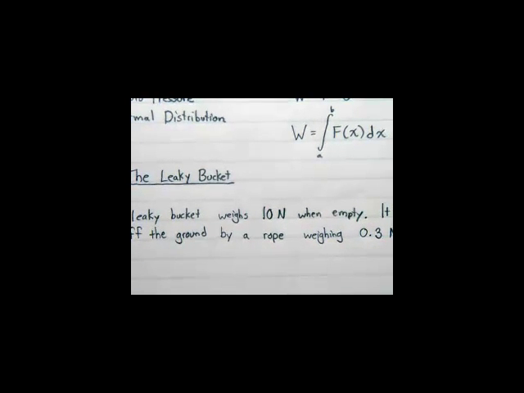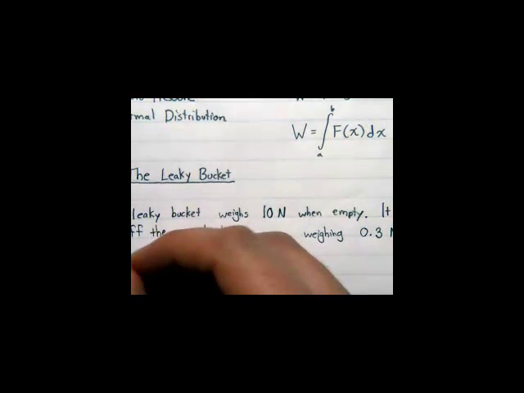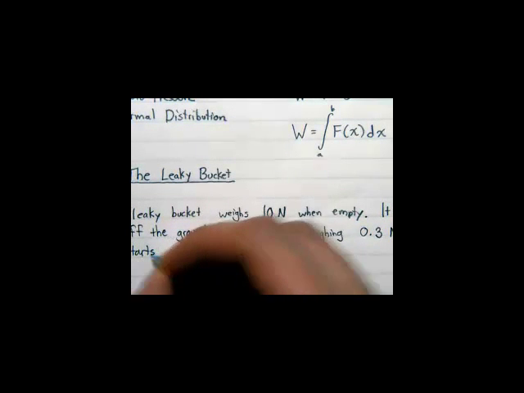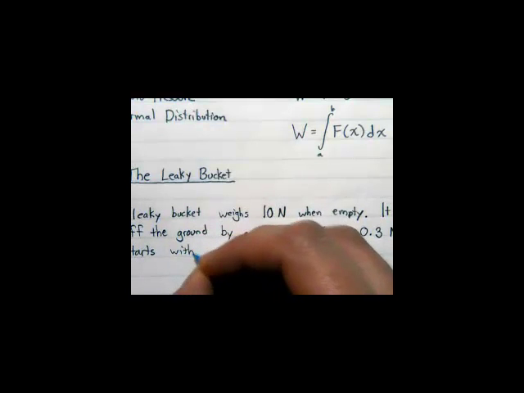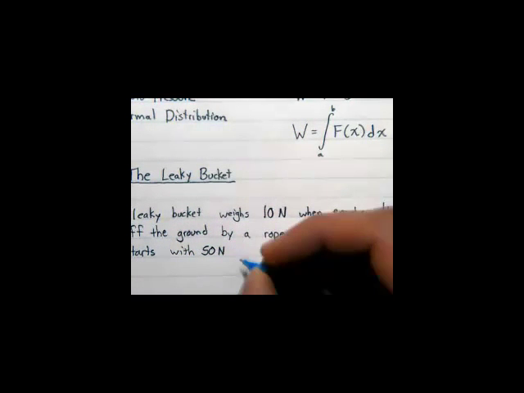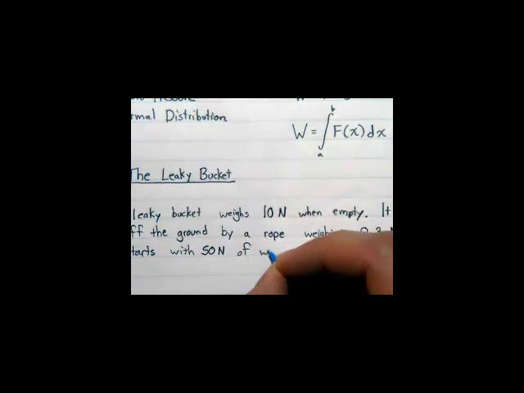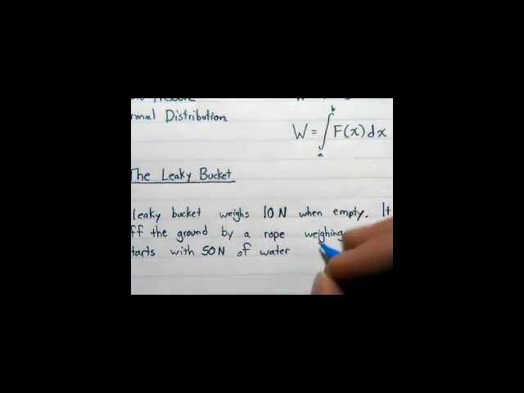So every meter of rope is another 0.3 newtons added onto this now. So the bucket starts with 50 newtons of water. And is empty when it reaches the top.